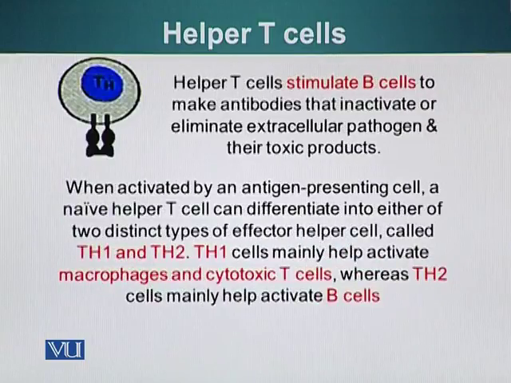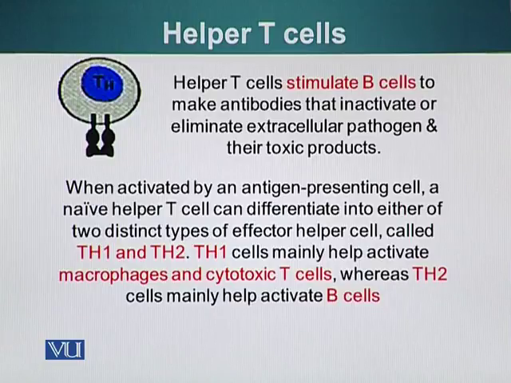Helper T cells stimulate B cells to make antibodies that inactivate or eliminate extracellular pathogens and their toxic products. So again, helper T cells are stimulating B cells to produce antibodies.